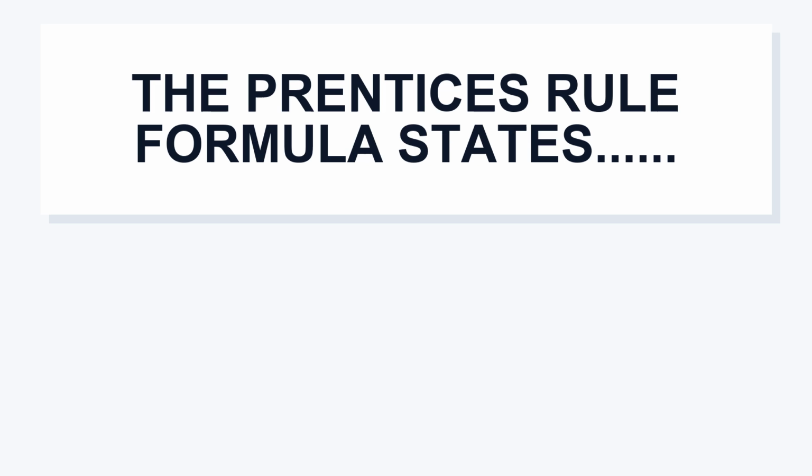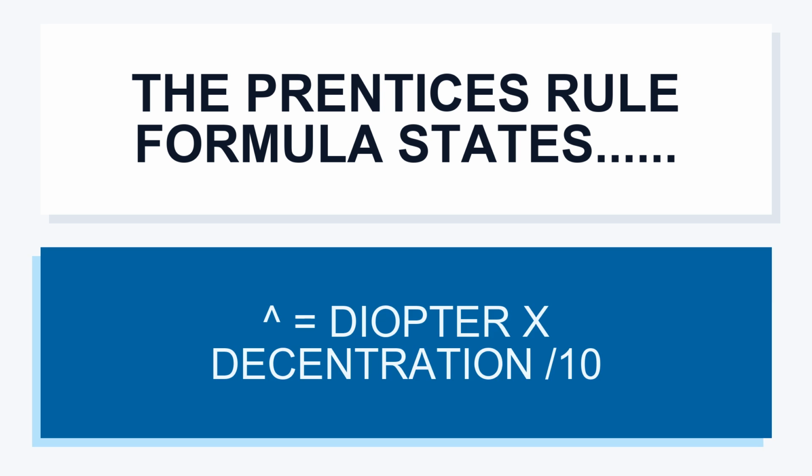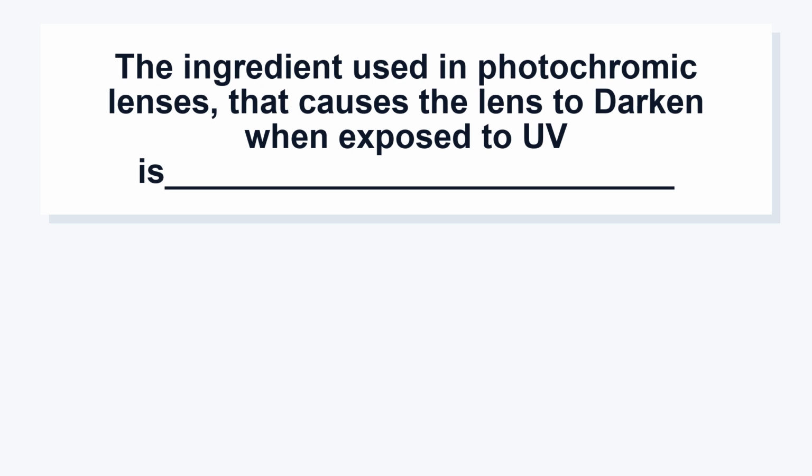Prentice's rule formula states: prism diopters equals power times decentration divided by 10. The ingredient used in photochromic lenses that causes the lens to darken when exposed to UV is blank.